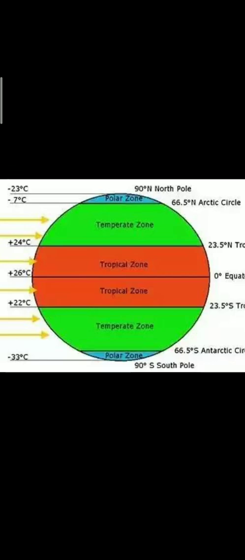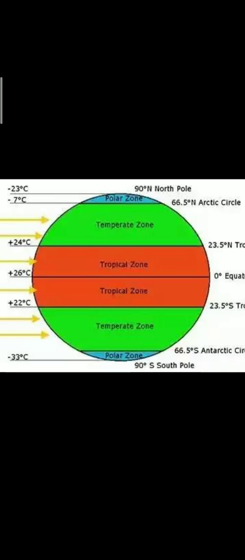Torrid zone is where the sun's direct rays are reaching, so it is very hot. Then comes the temperate zone, the green colors, where slanting rays of the sun are reaching, so we call it temperate zone. The temperature is not very hot, not very cold, a pleasant temperature.